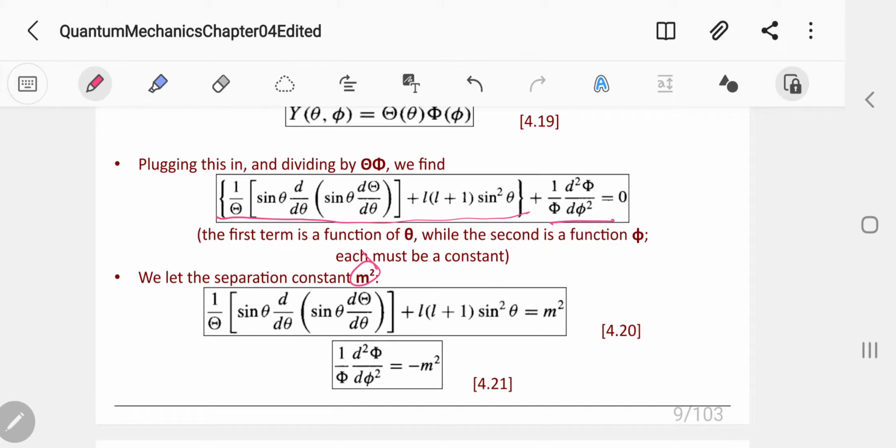By the choice of the constant, don't worry about it. You will see later why it's m squared, not m. Anyway, the first term would be equal to m squared, and the other term should be equal to negative m squared, because they have to add up to 0.